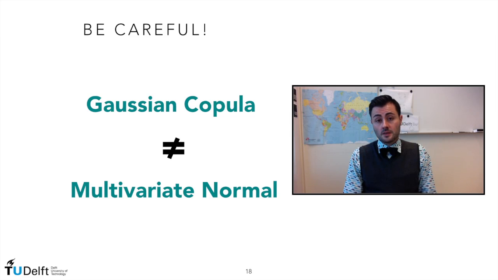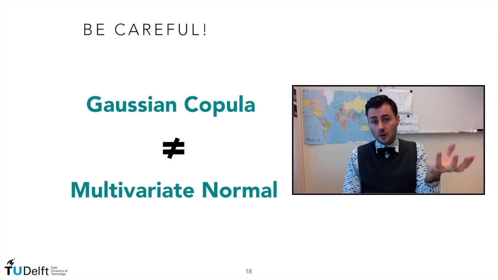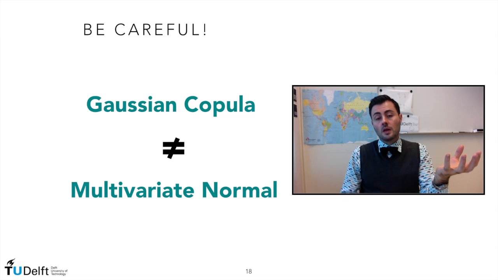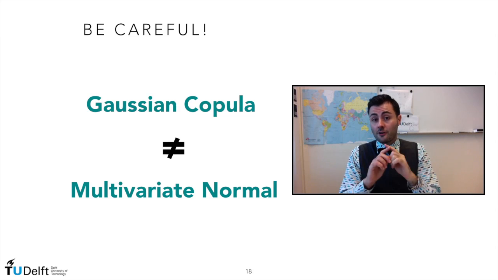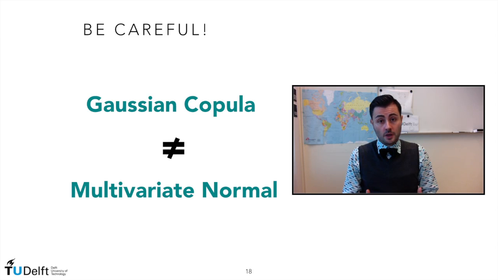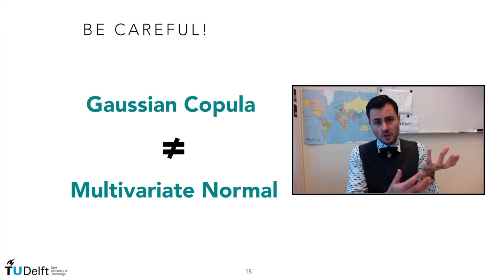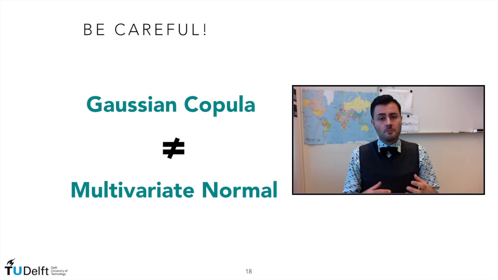Please notice that a multivariate Gaussian or multivariate normal and a Gaussian copula are not the same thing in general. In a Gaussian copula, the marginals we take into consideration can be of whatever type. There is no limitation in practice.